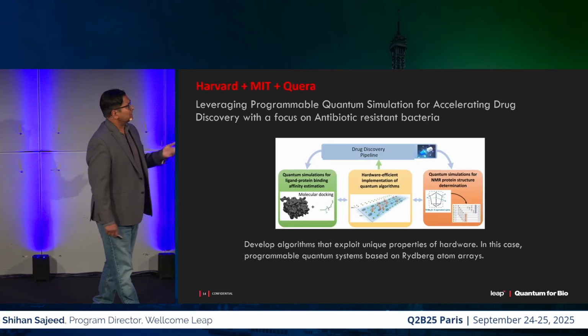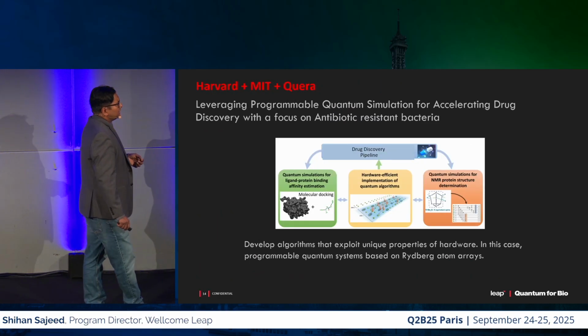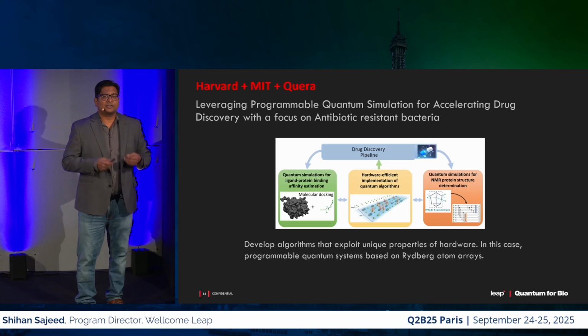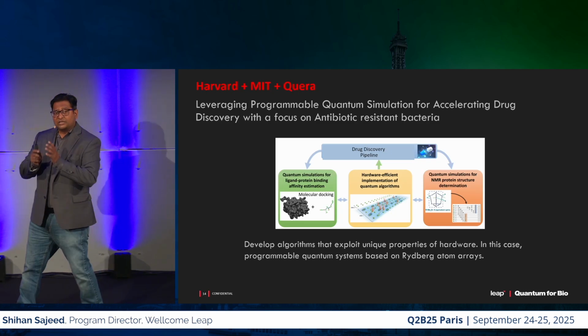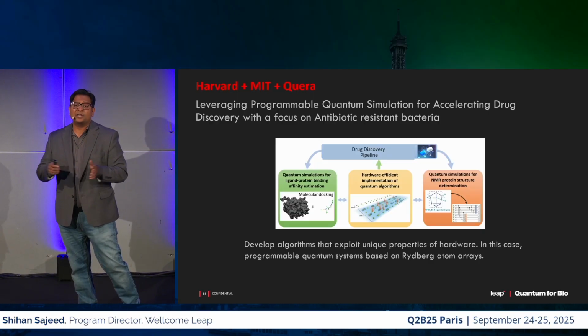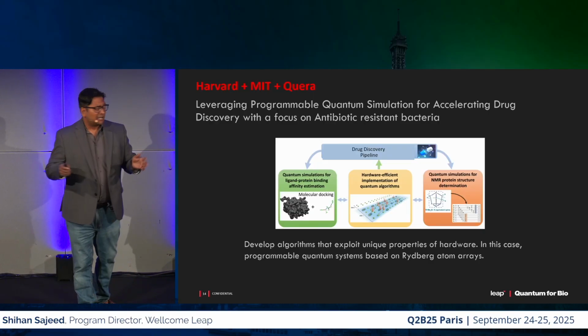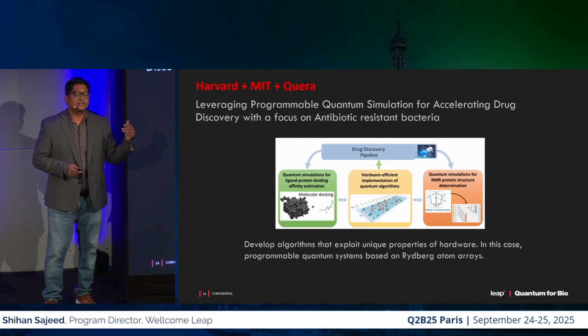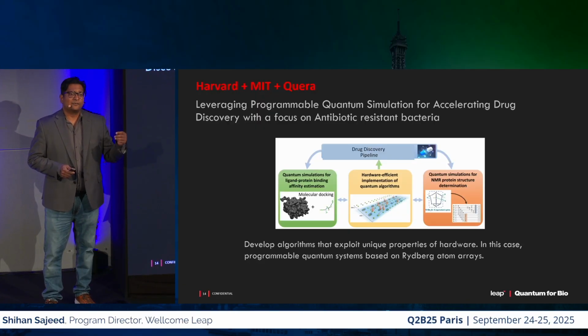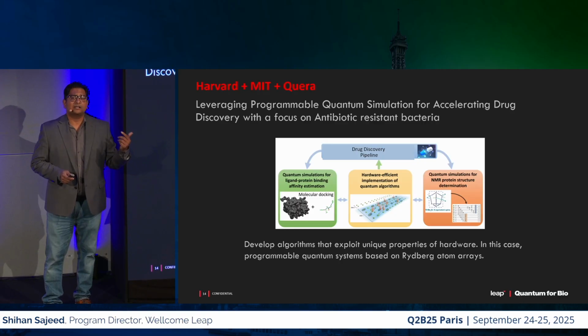Let's go forward. The third team, Harvard, MIT, QuEra, is also working on drug discovery using programmable quantum simulation with a focus on antimicrobial drug design. Their research is divided into two thrusts. In one thrust, they are trying to use quantum simulation for binding affinity calculation.